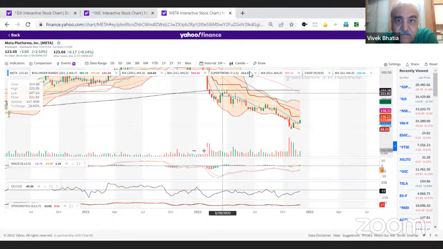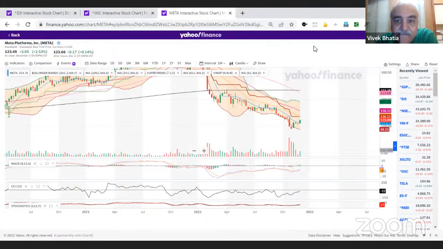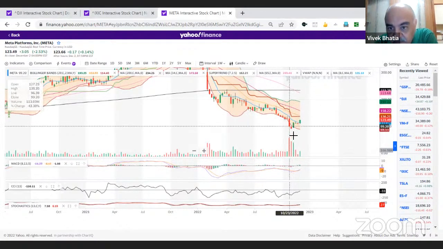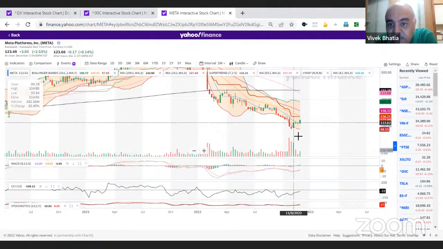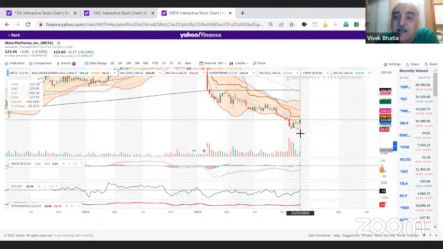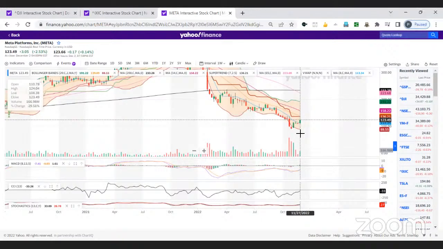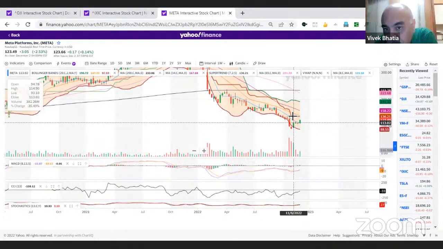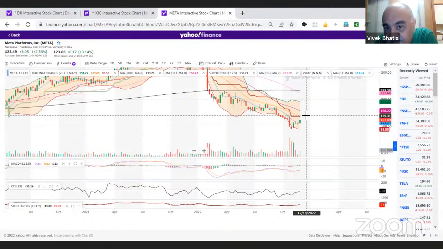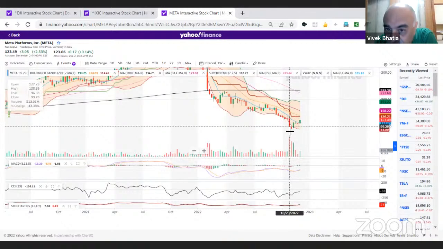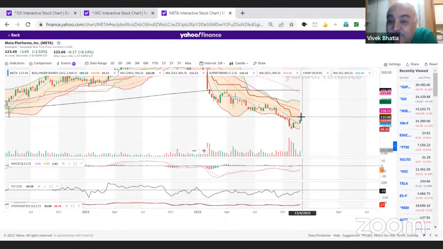Can you see my chart? Right. First things first, weekly chart. Meta closed almost at the highest point of the week. The bearish super trend has turned flat for the last 4 or 5 weeks, so it is inviting the price to come up to be tested.